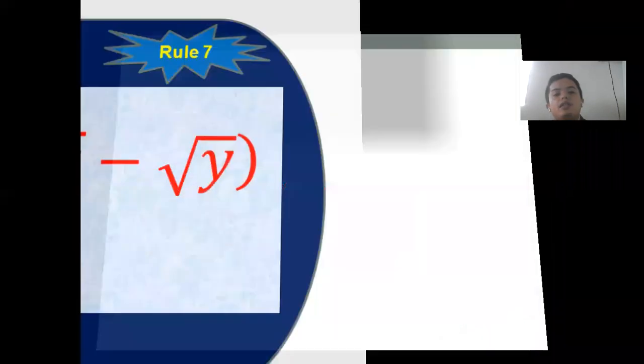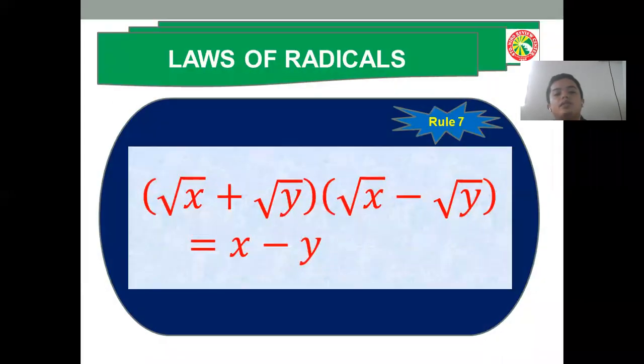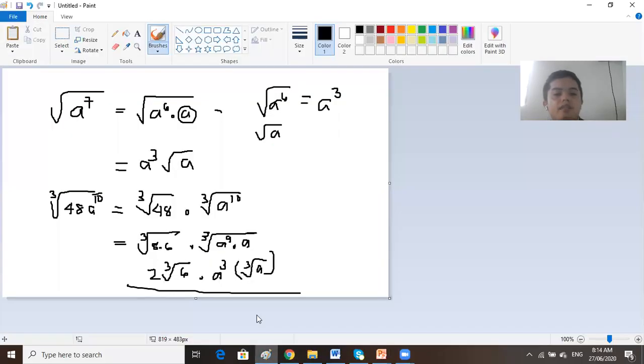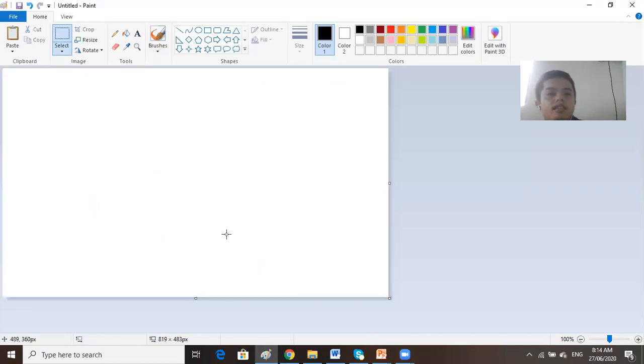Now, how about if it involves a conjugate? When we say conjugate, we have the same radical, but it matters only on the sign, plus and minus. So let's review the sum and difference of two squares.